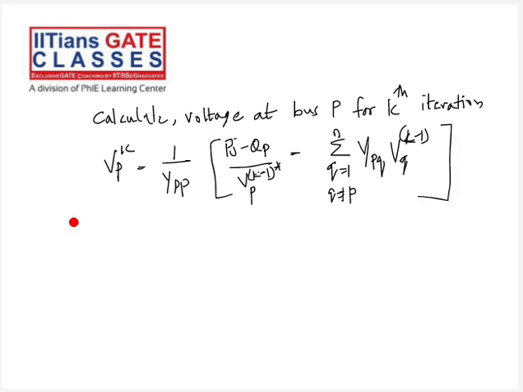And then we calculate delta Vp as Vp at k minus Vp at k minus 1, right?